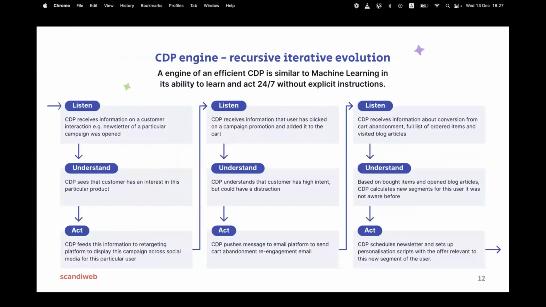On this slide, you can make a screenshot and dive deeper, but it's just an example: we received something, we understood, we acted on it, then we still keep listening, understanding, improving our actions, listening again, understanding, acting again. Each act is better and better.